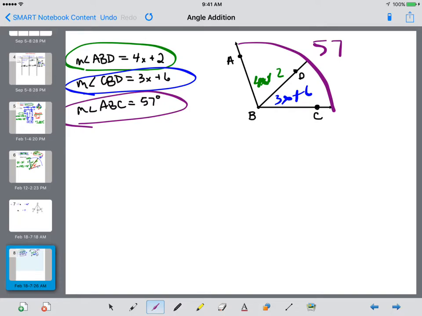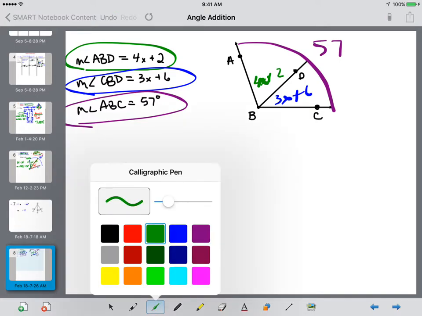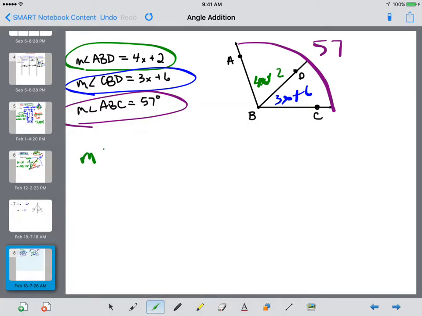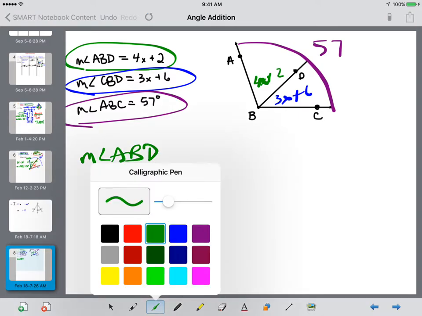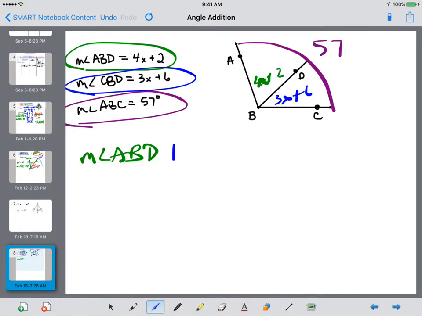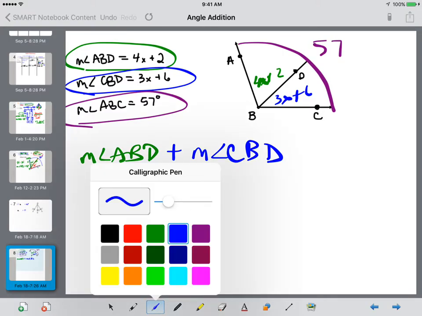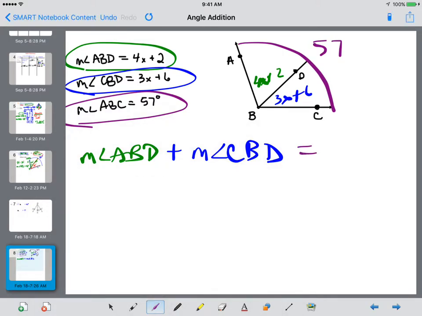So our angle addition postulate says that if we take the measure of angle ABD and we add it with the measure of angle CBD, so the two small parts, if we add them together, then we will get the measure of angle ABC.